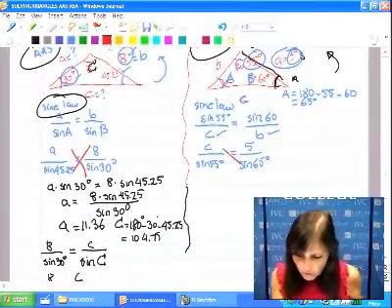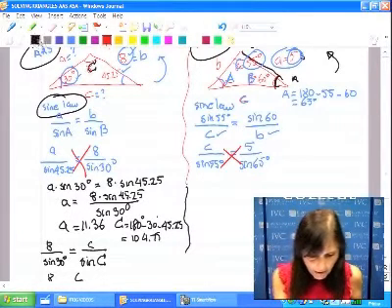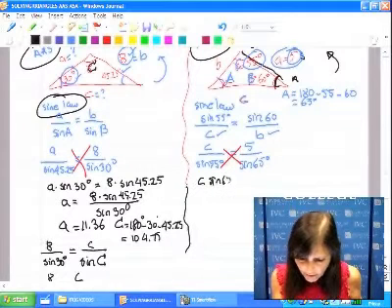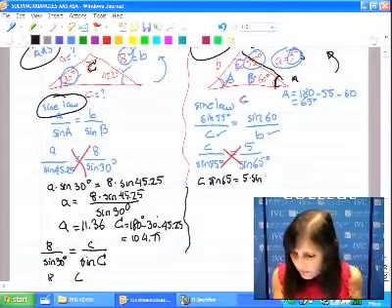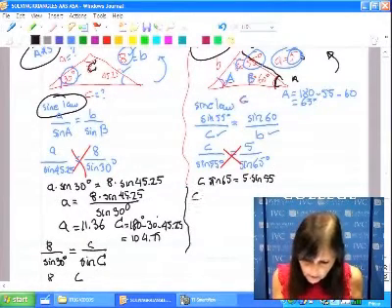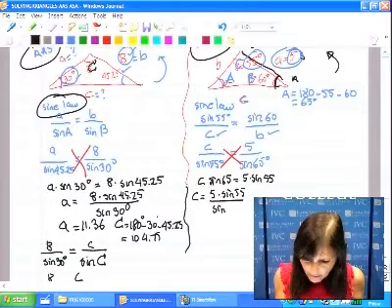Now I will just go crisscross. So I have C times sine of 65, and that's going to be 5 times sine of 55. Then C is going to be 5 times sine of 55 over sine of 65.